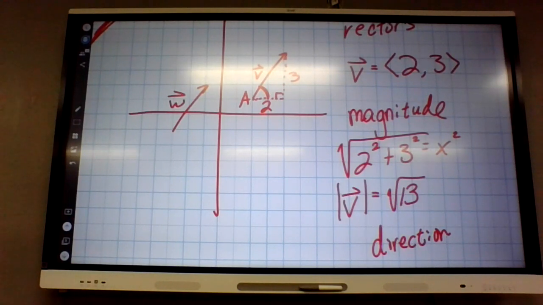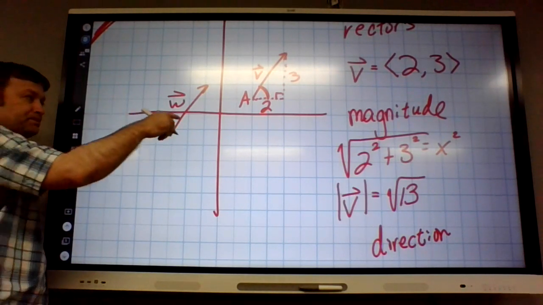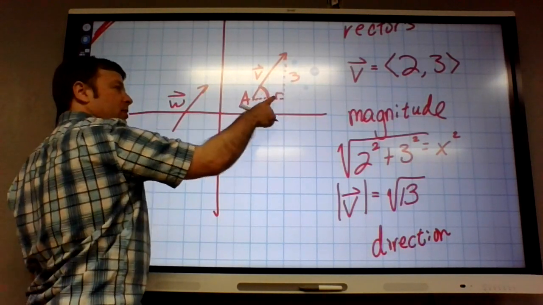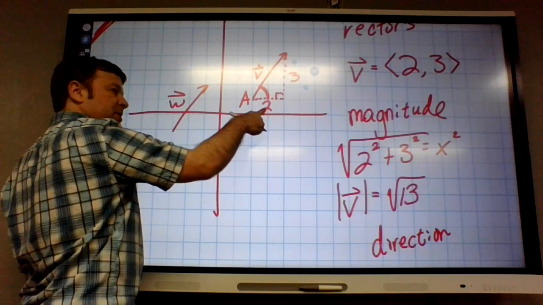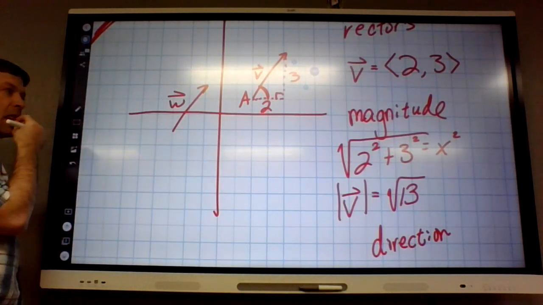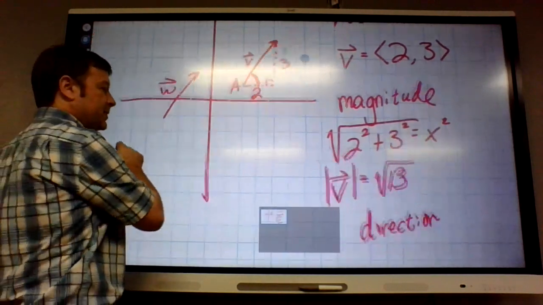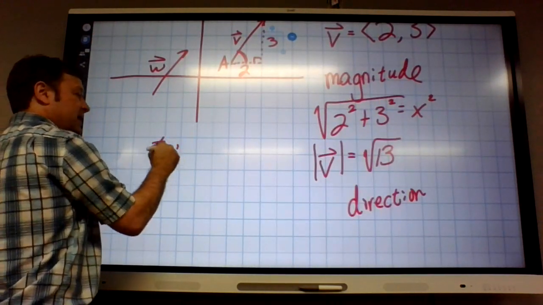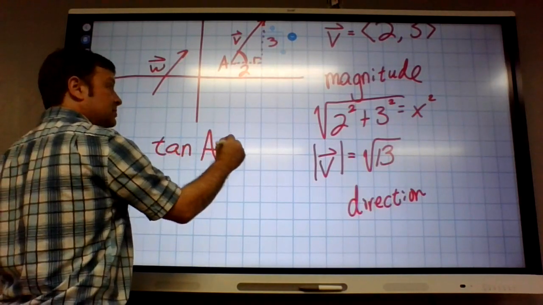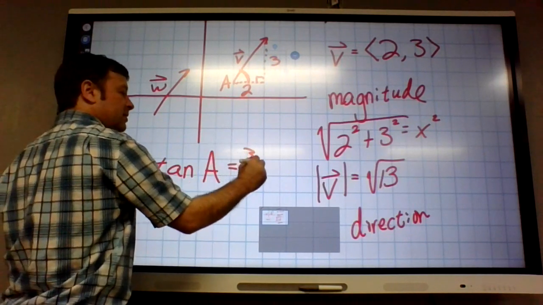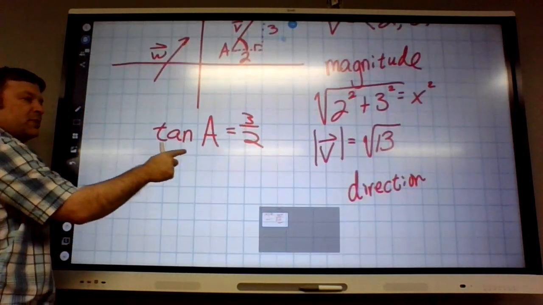You have the adjacent and the opposite. Relative to this angle, we have the what and the what? Opposite and adjacent. Which trig function has opposite and adjacent? Tangent. You guys remember SOHCAHTOA: tangent of the angle equals opposite over adjacent.